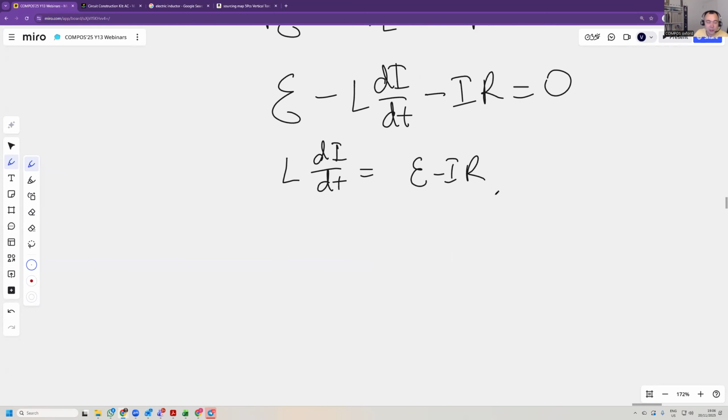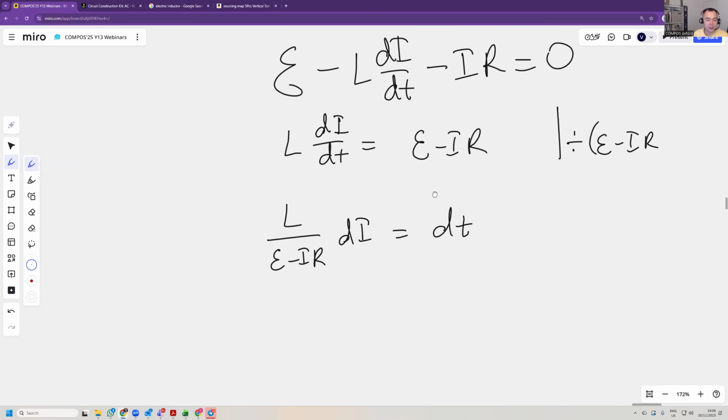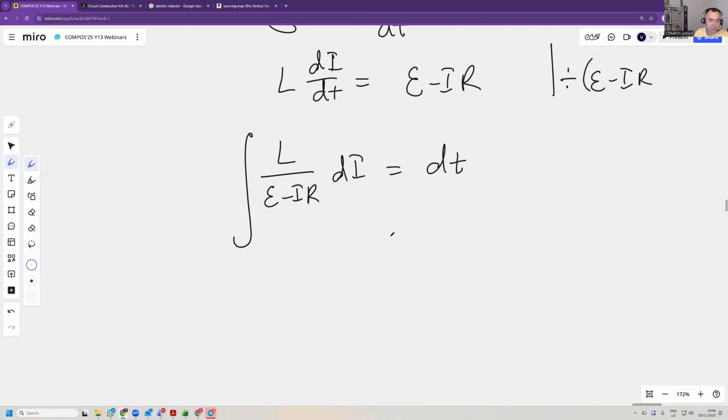Now, this is a differential equation, so I divide both sides by EMF minus IR. So L divided by EMF minus IR, di equals dt. And now I can integrate. Time changes from 0 to t, and current changes from 0 to I.